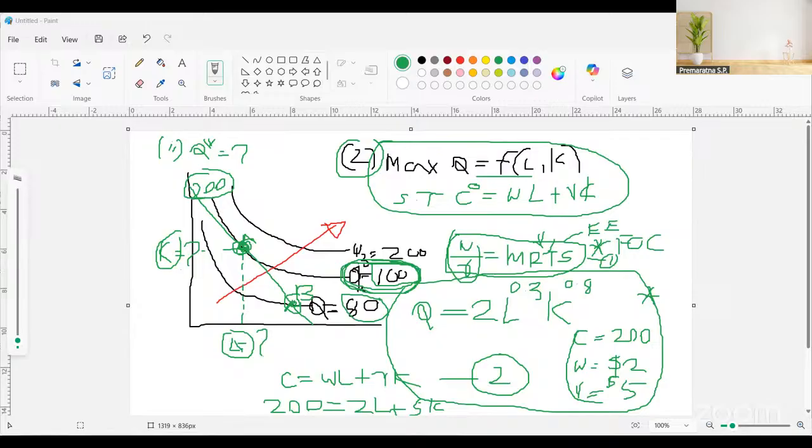Now again, the third part of the question. I can ask, for instance, let's say the budget originally I gave you 200.